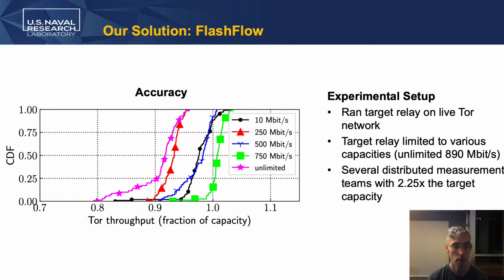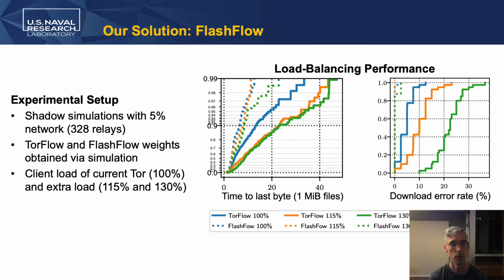We created a set of measurement teams distributed around the internet, and ran several experiments with each of those teams, varying the capacity of the target relay by limiting it to as little as 10 megabits per second and as much as its true capacity of 890 megabits a second. The results show that we generally were within 10% of the true capacity, and except for one experiment, we were always within 20% of the true capacity.